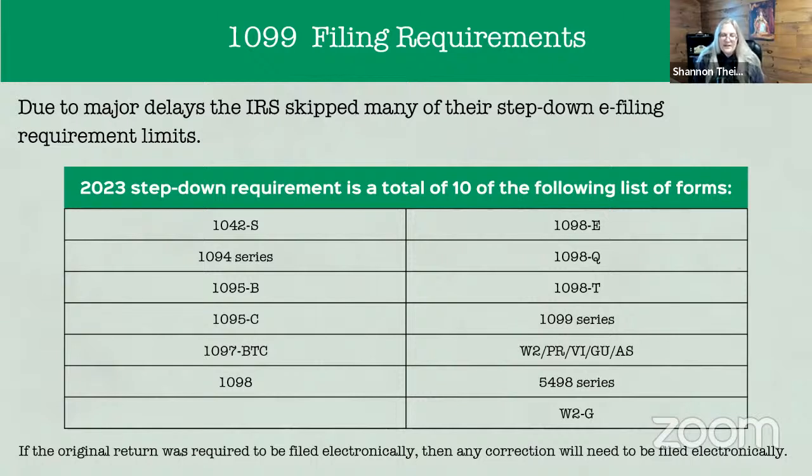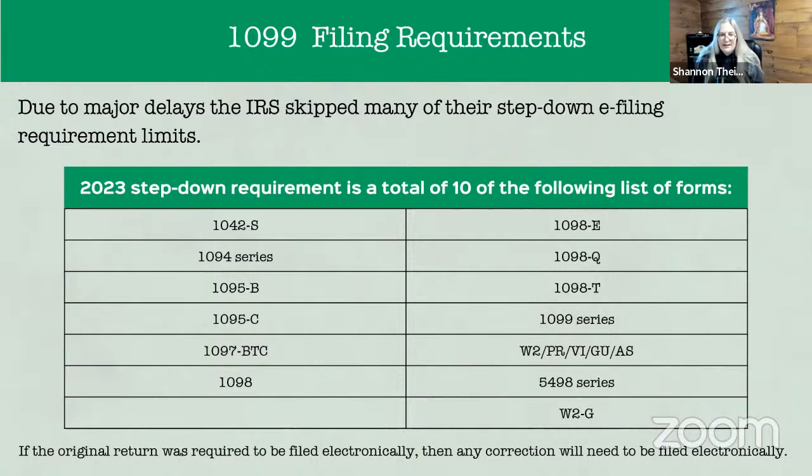So if you've got somebody with 9 employees and 2 contractors, they have to e-file for the year. Prior to this year, the tax forms were not aggregated together. So let's say we were going to use the old rules, but it was still 10 of something, and you had to e-file.